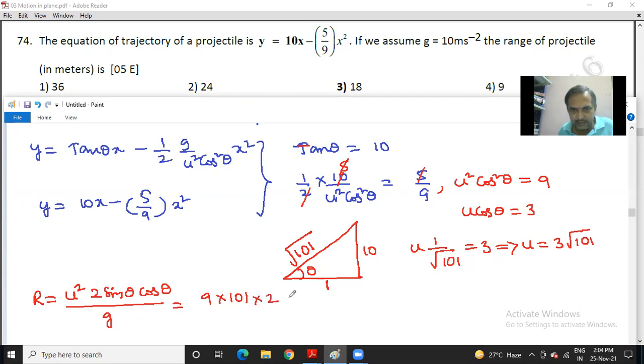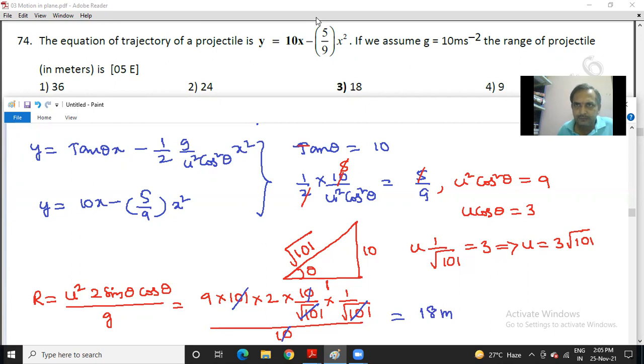From the right angle triangle, sin theta is 10 by root 101. Cos theta is 1 by root 101, whole divided by g is 10. So this root 101 into root 101 will become 101 and this get cancelled. So 9 2s are 18. This 0 0 cancelled. So you will get the answer 18 meters. Third option is correct.